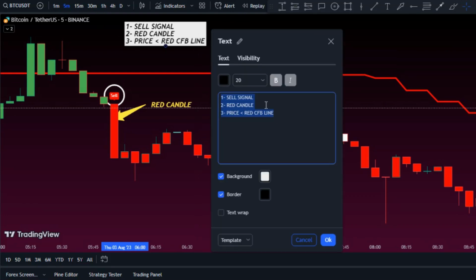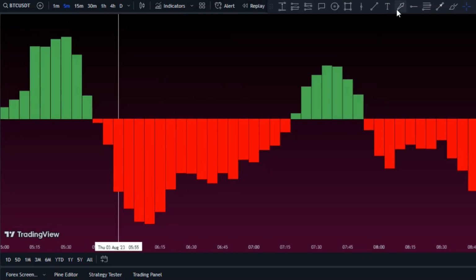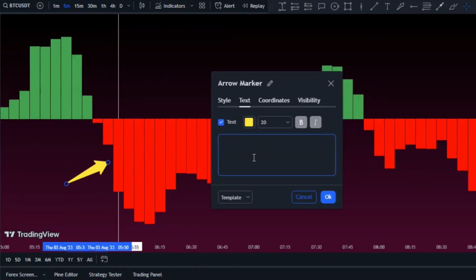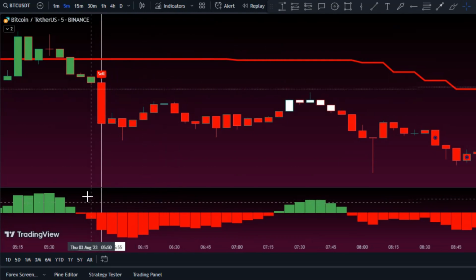And finally, in the BBX Trender indicator, the histogram corresponding to the signal candle needs to be red. So once those conditions are met, you can enter a short trade when the signal candle closes.